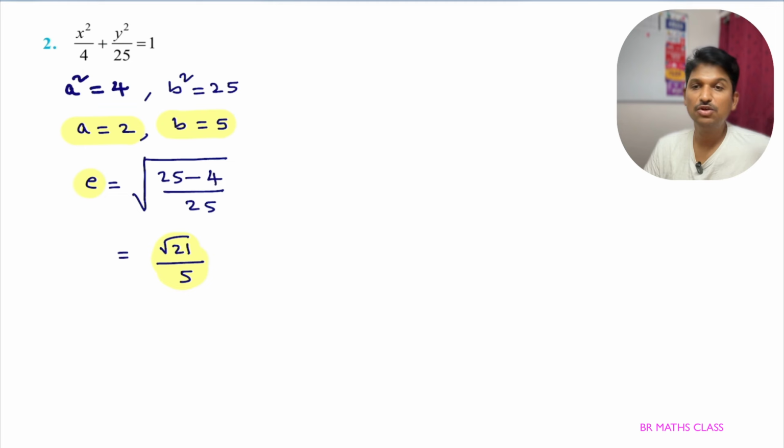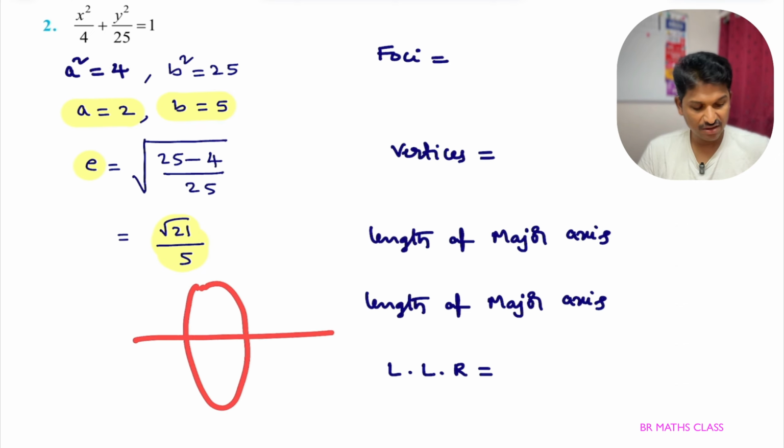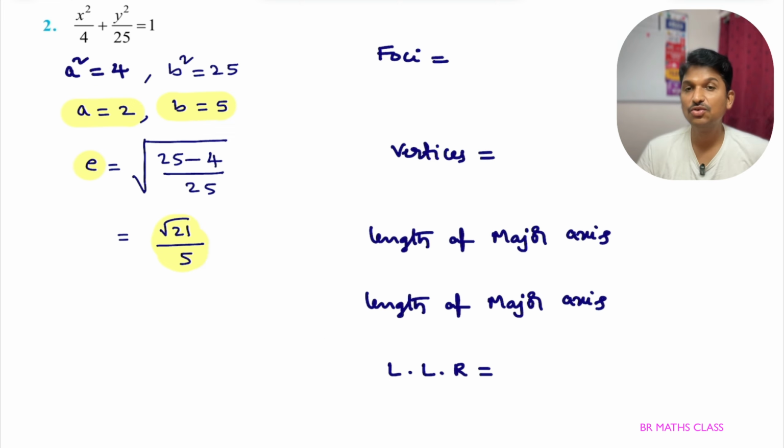So now I got 3 main things: a value, b value and e value. Once you know a value, b value, e value, you just start writing all the formulas. As a is less than b, this is the second type of ellipse. In that, foci is on the y-axis. So what is the formula for foci? The foci formula is 0 comma plus or minus be. If you watch that first video, second video, third video, you can say these things very easily.